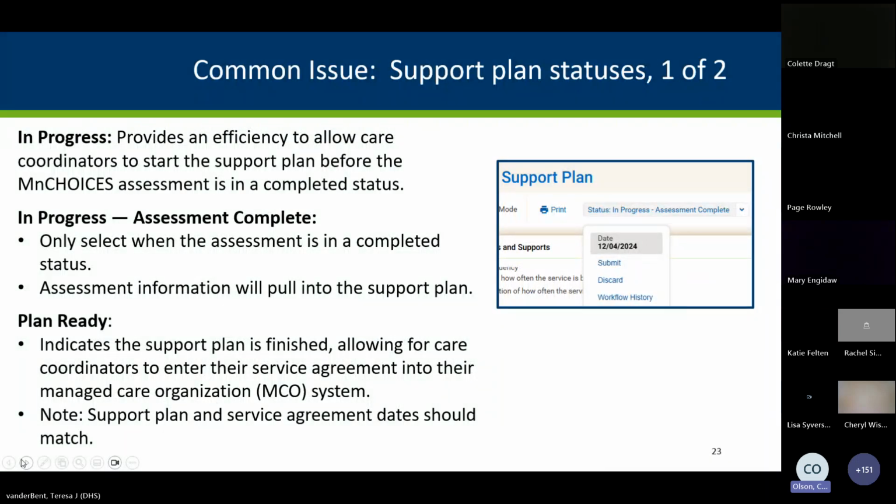Do not move to in progress assessment complete if your assessment is not in a completed status. That will create issues, and you'll end up having to discard the support plan and start over. So always ensure before moving to in progress assessment complete that your assessment is actually complete.